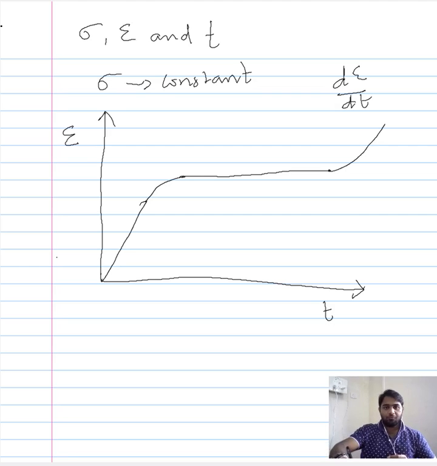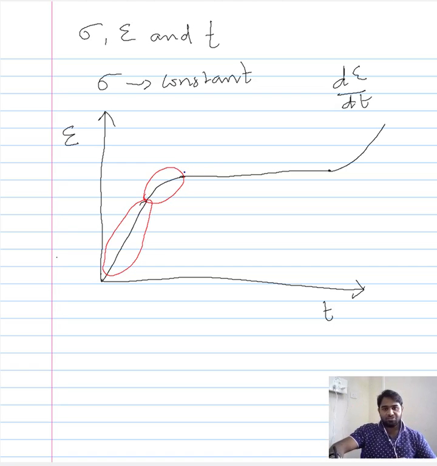If you want to show the categorization in this plot, we have our instantaneous creep region, which is then followed by a decelerating creep region or a transient creep region, because the name transient means it connects the instantaneous with the steady state creep region.